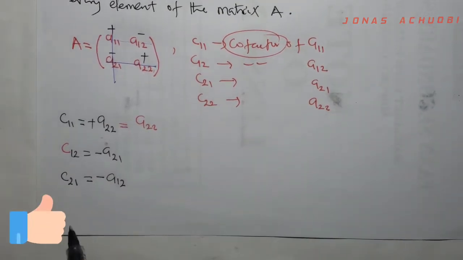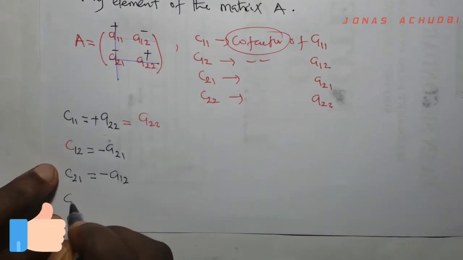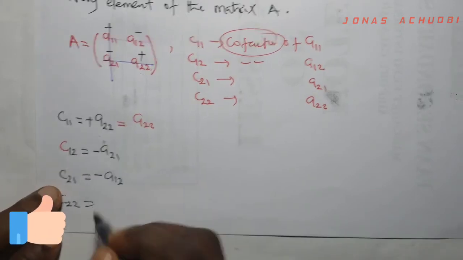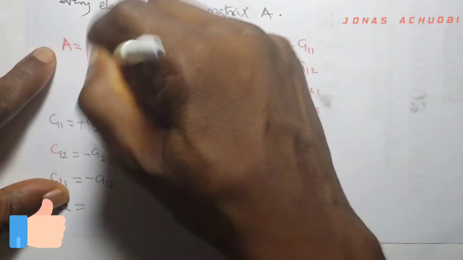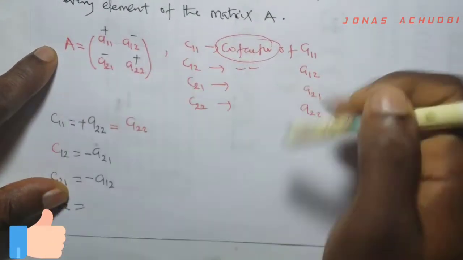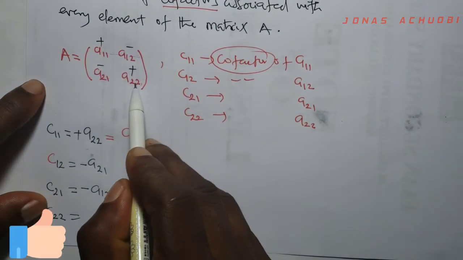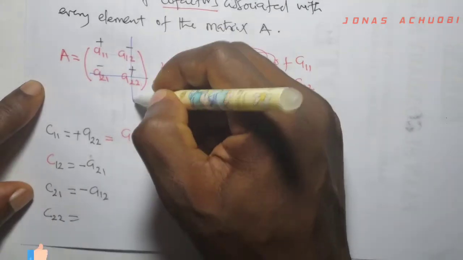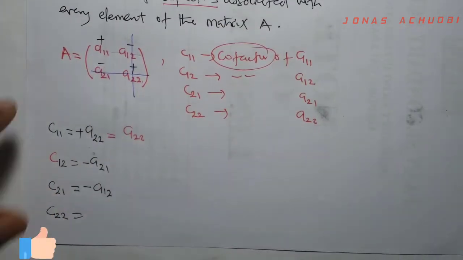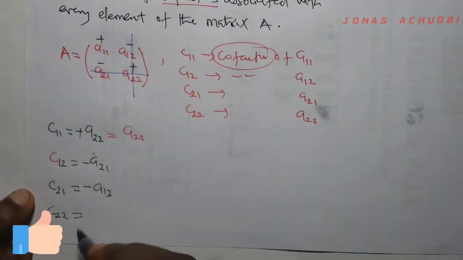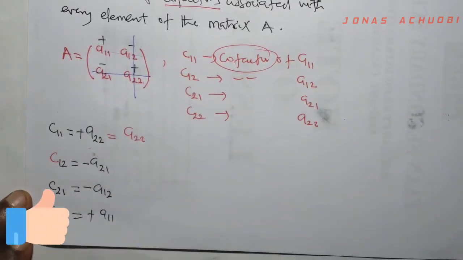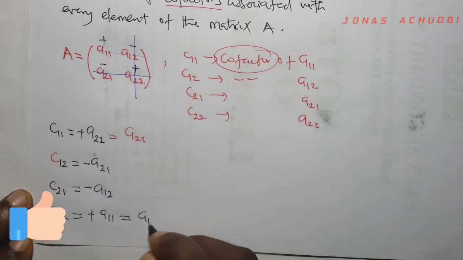Lastly, the cofactor of the last entry, A22, which I shall write as C22. We repeat the same process. Delete the entries in the row of A22 and the entries in the column of A22. What do you have left? A11. The sign is plus, so the cofactor is plus A11, which is just the same thing as A11.